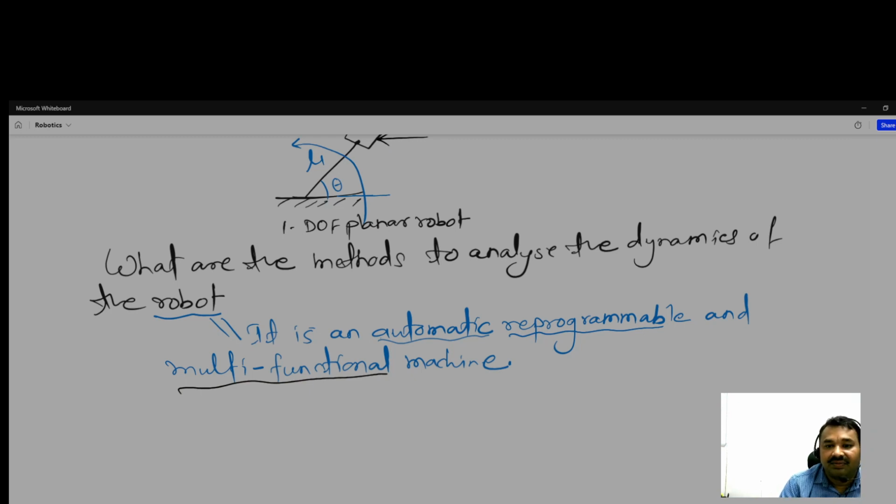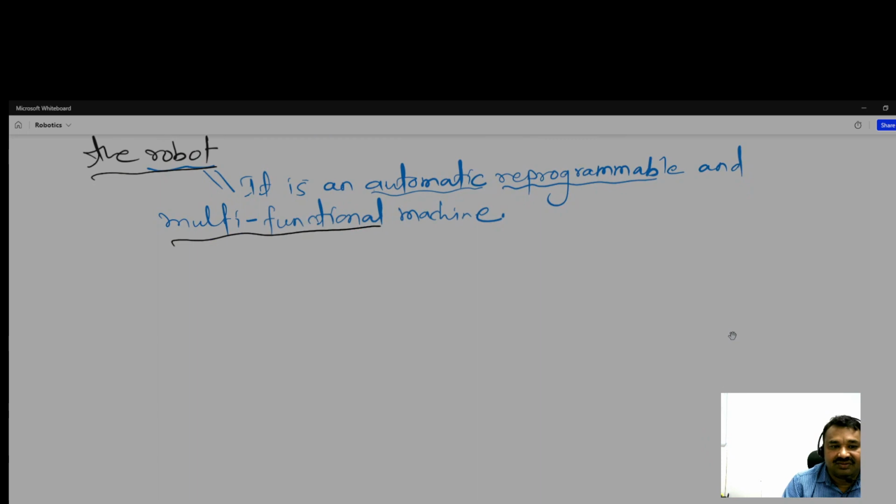But our focus is here to analyze the dynamics of the robot. So what are those approaches or methods? Two main methods are there.